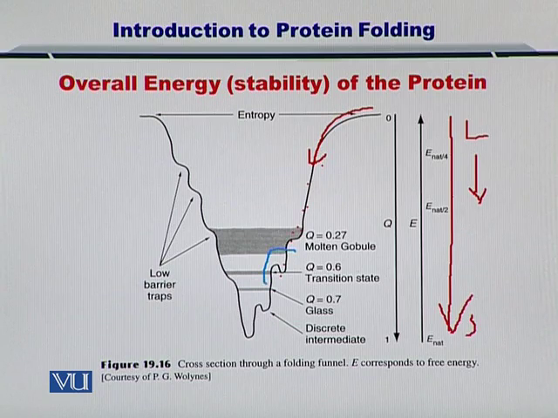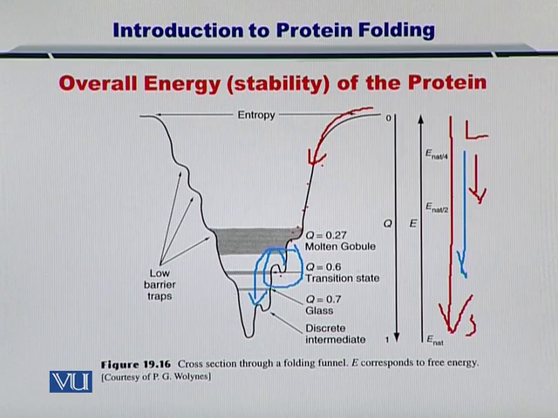Now, if a protein enters a local minimum, as highlighted in blue, then it has to jump over this local maximum in order to continue its journey from a larger to a smaller free energy state. Of course, eventually it is going to arrive at this state, and here you will have the minimum free energy for the protein structure.